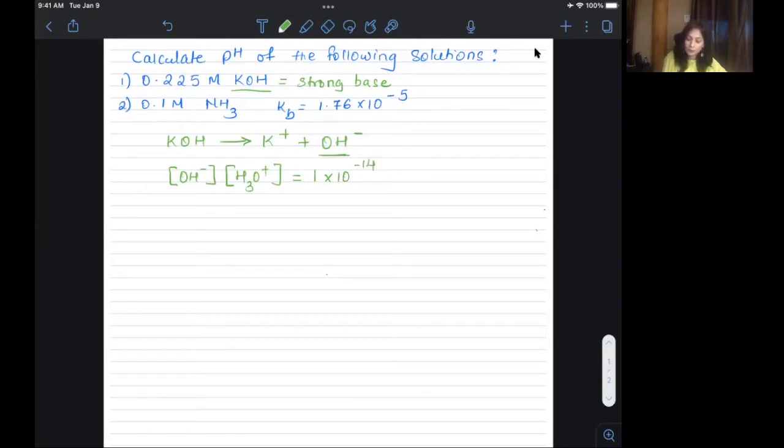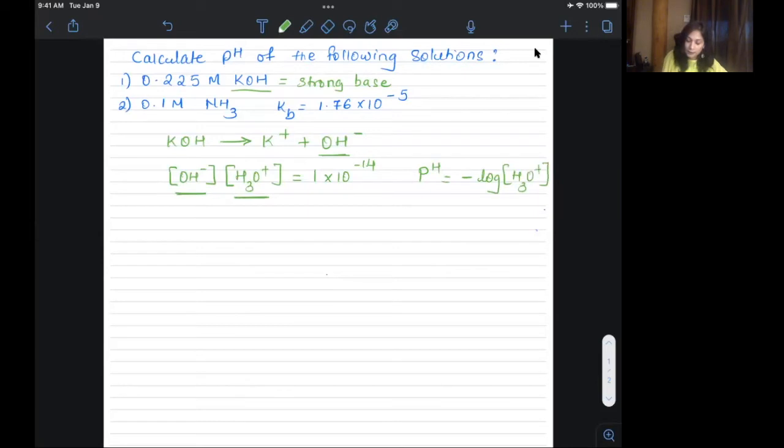So let's first start with calculating the hydroxyl ion concentration. And this is how we will get the hydronium ion concentration. And once you have the hydronium ion concentration, we can calculate pH by negative log of the hydronium ion concentration.